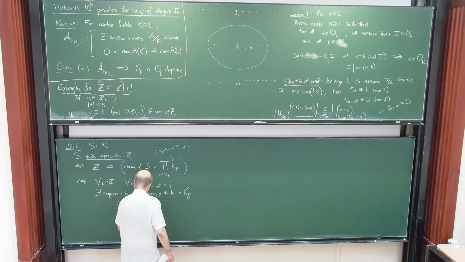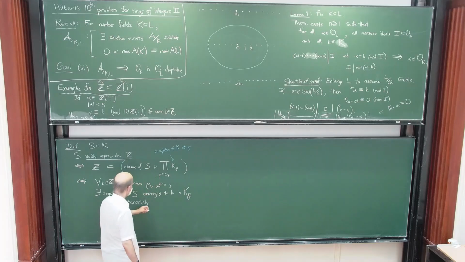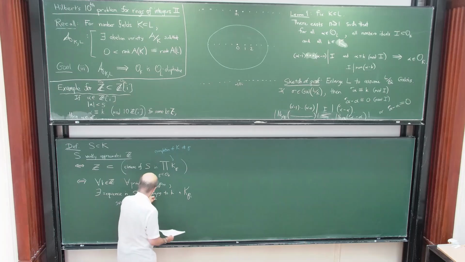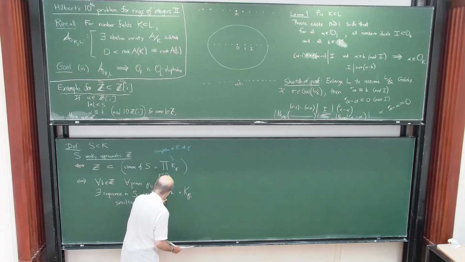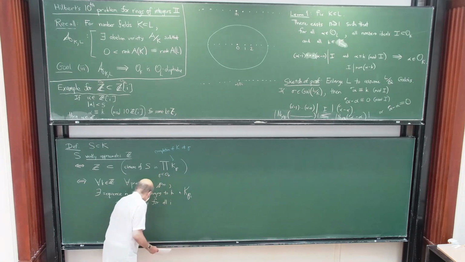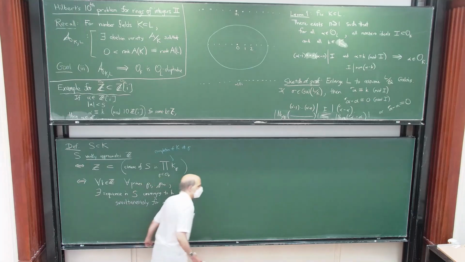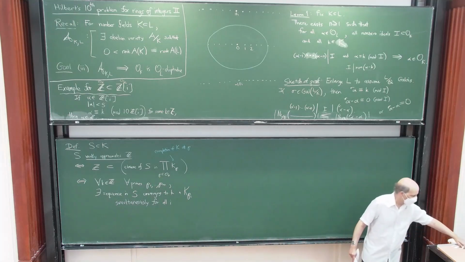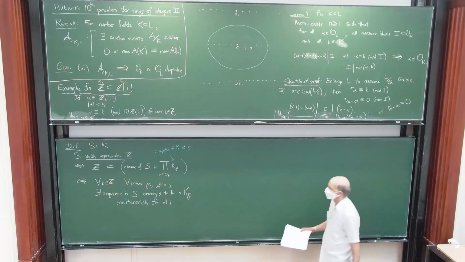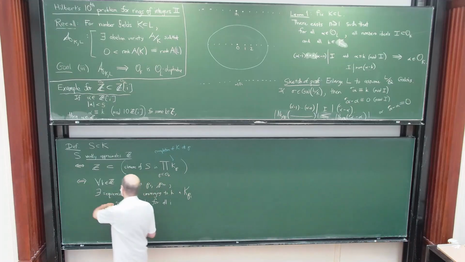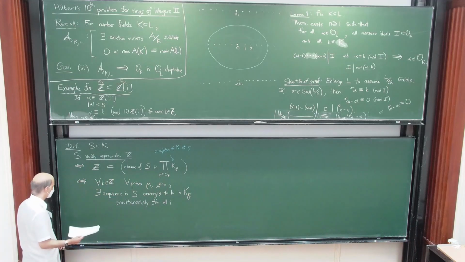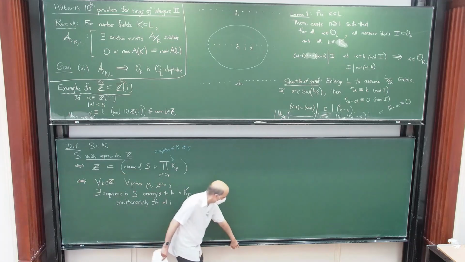So it should be a single sequence that converges simultaneously for all i, for i equal 1 to n. So this is just topology, just getting this piece to be equivalent.